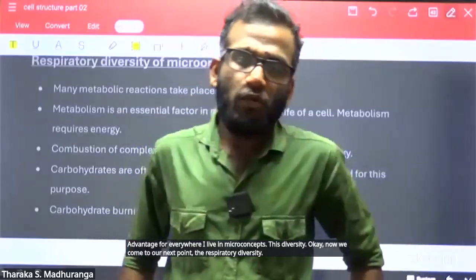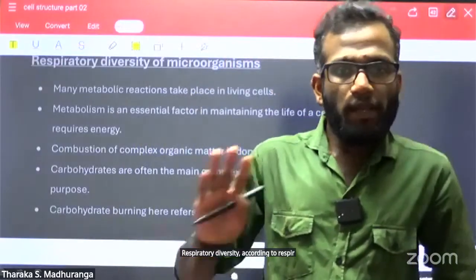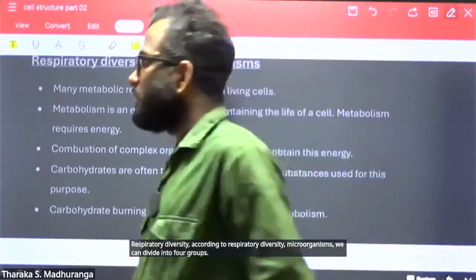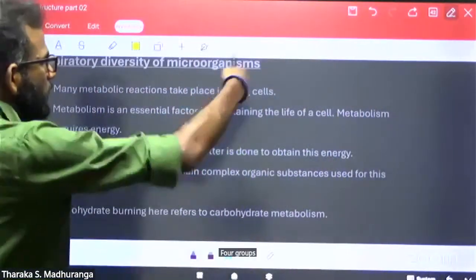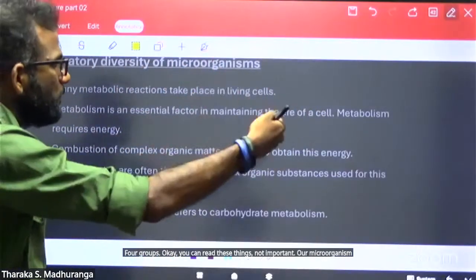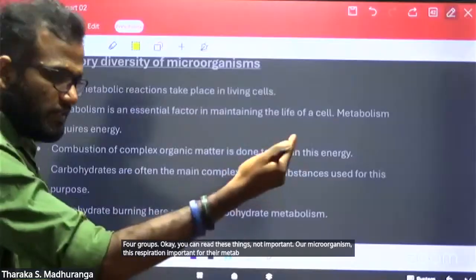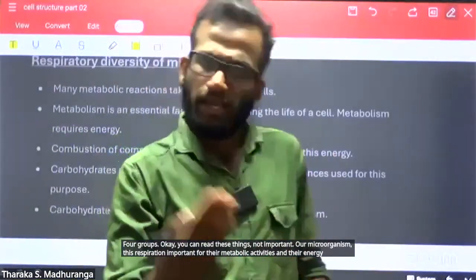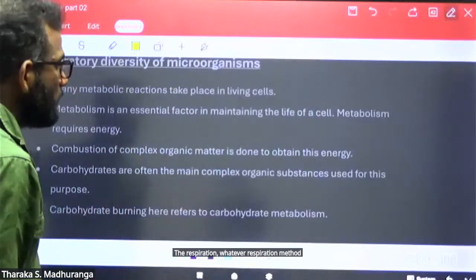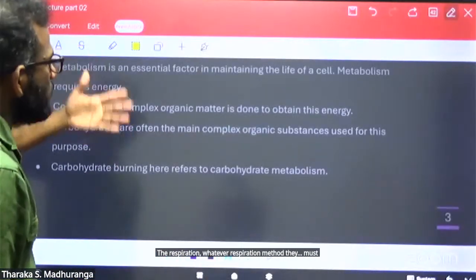According to respiratory diversity, we can divide microorganisms into 4 groups. You can read these, not important. Respiration is important for their metabolic activities and energy generation, like us. Whatever respiration method they use, they must have it for their energy and metabolic activities.